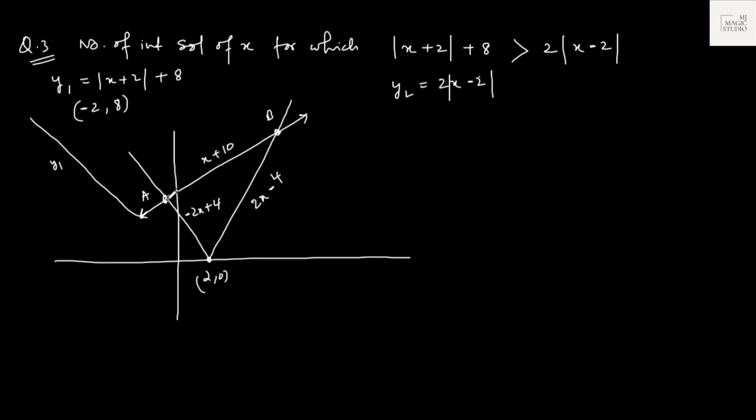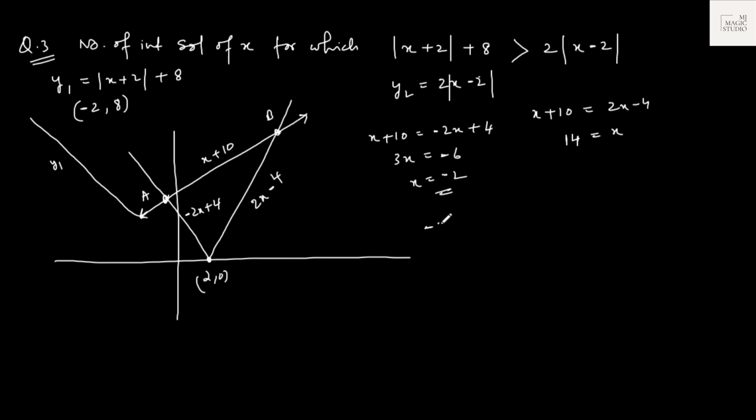So to find the value of A, I am equating x plus 10 with minus 2x plus 4. So what I get, 3x equals to minus 6, x equals to minus 2. For B, I am equating x plus 10 with 2x minus 4. So here 2x minus x is x is equals to 14.